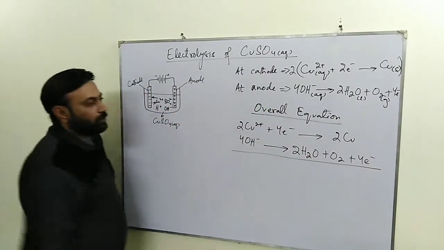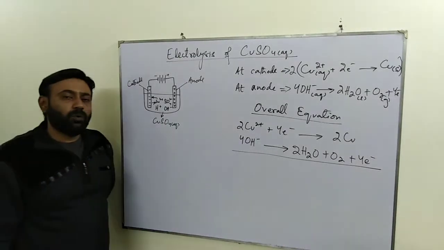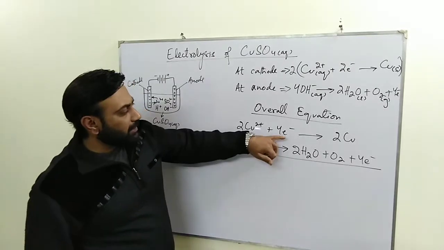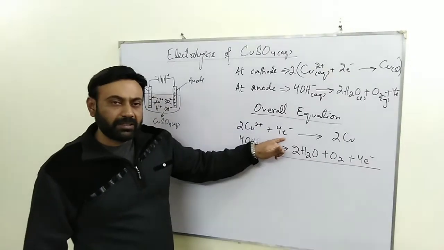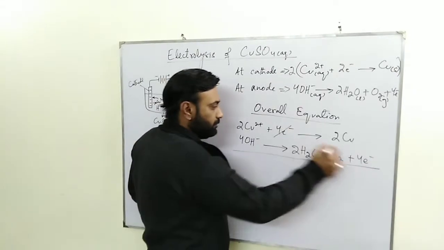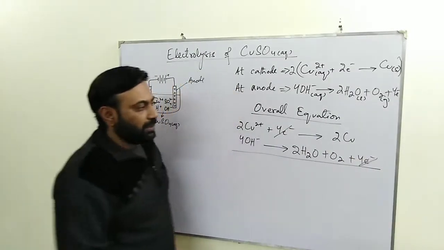Now to form the overall equation, we have to add both the half equations after balancing out the electrons. As you can see, we have 4 electrons on the reactant side and 4 electrons on the product side, so they would be cancelled out.